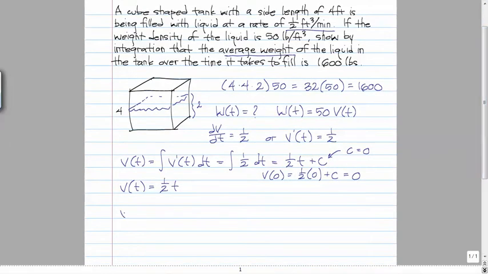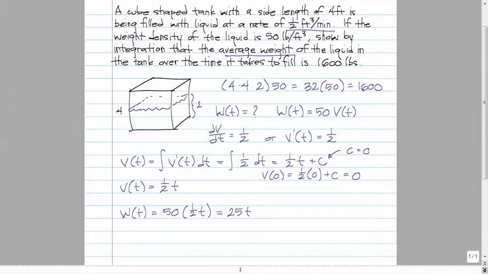When we think we're ready then to find W of t, we're going to take, like we said before, 50 and multiply it by 1/2 t and get W of t is equal to 25 t.